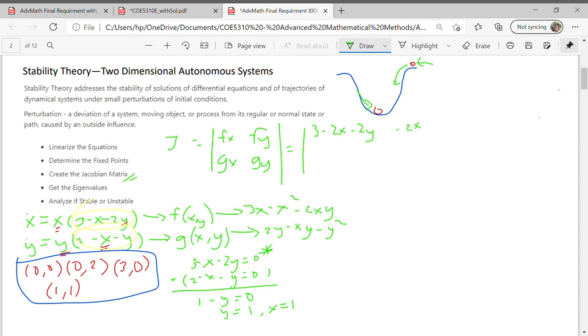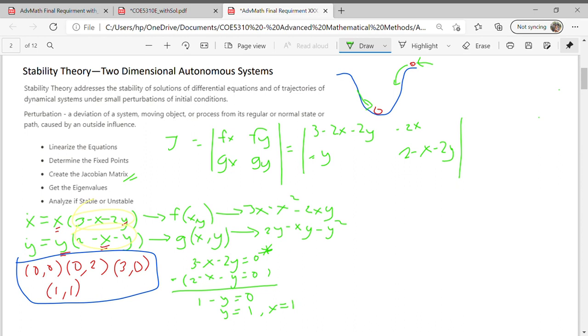So for the other function g, the partial derivative of function g with respect to x, you get negative y, and then we get 2 minus x minus 2y. So this is our Jacobian matrix for the two nonlinear equations.